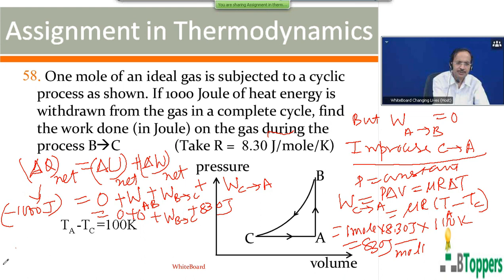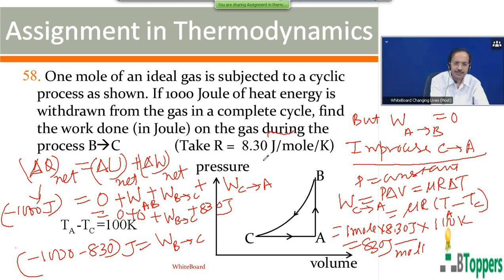So take this. So minus 1000 minus 830 joules is equal to WBC, the work done by the gas in the process B to C, which is minus 1830 joules.